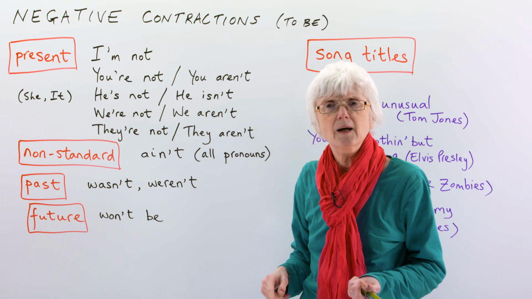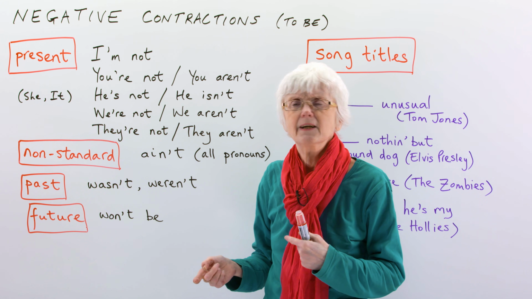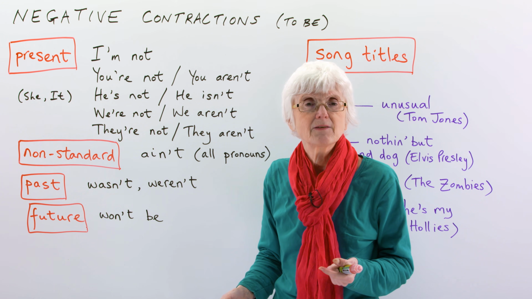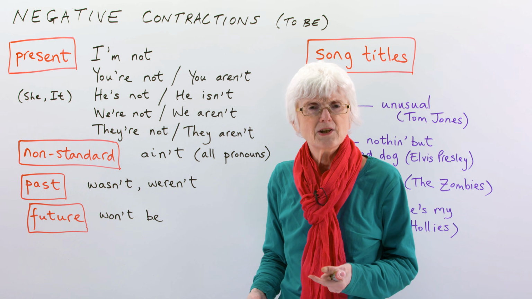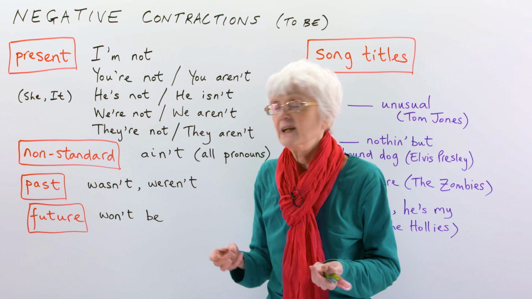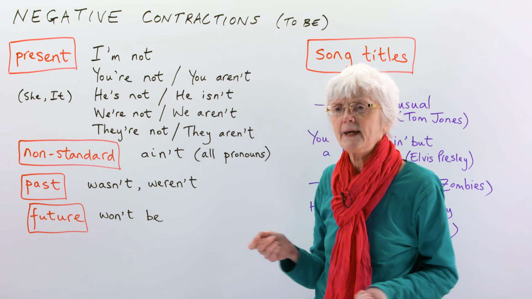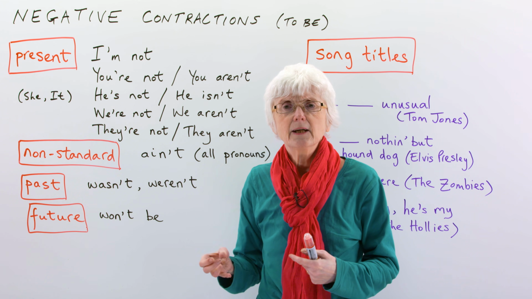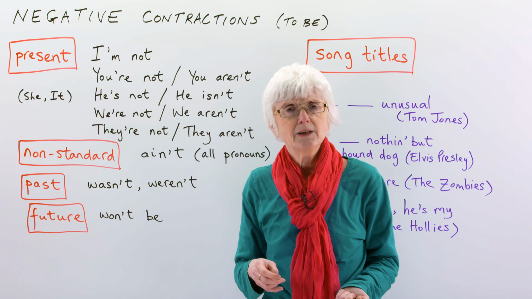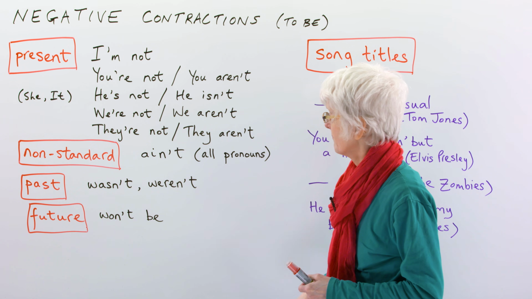So meaning I ain't going to the cinema, we ain't going tonight, he ain't working today, things like that. So ain't, you will hear probably people saying it, especially if you're in the UK. You might hear it on television, on the radio, in films, and so on.